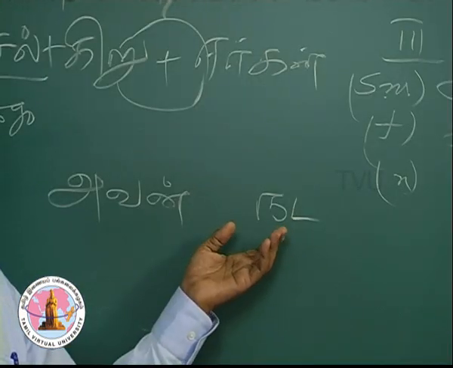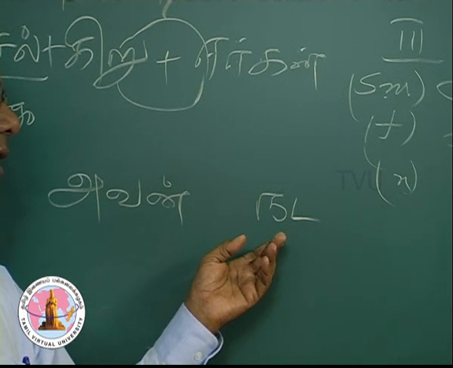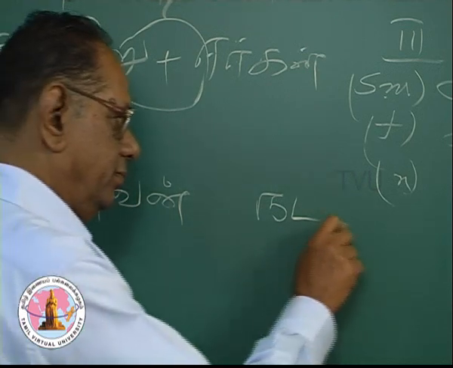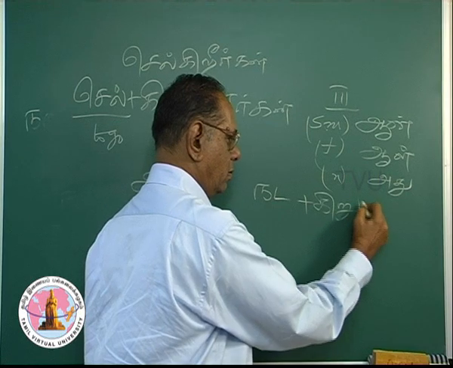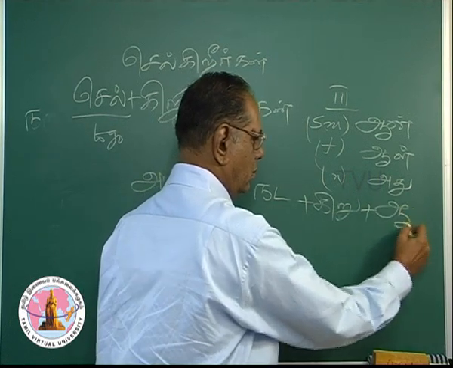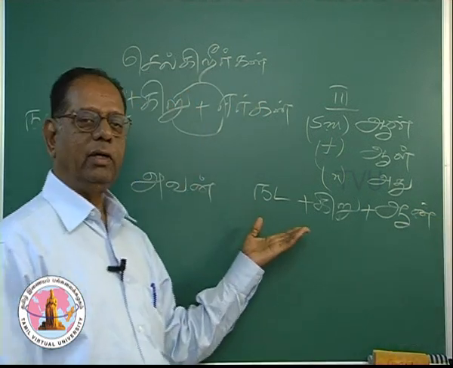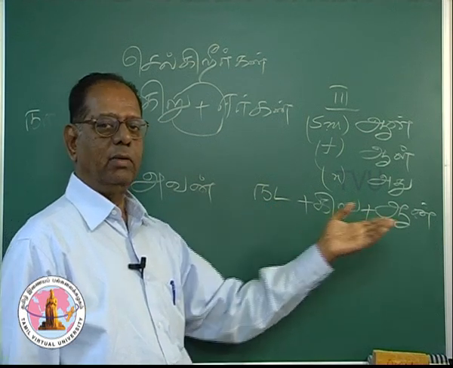This is na and ta. In combination, it will be na, da. Now conjugate this word. Have I put it rightly? Nada plus kiru plus on.